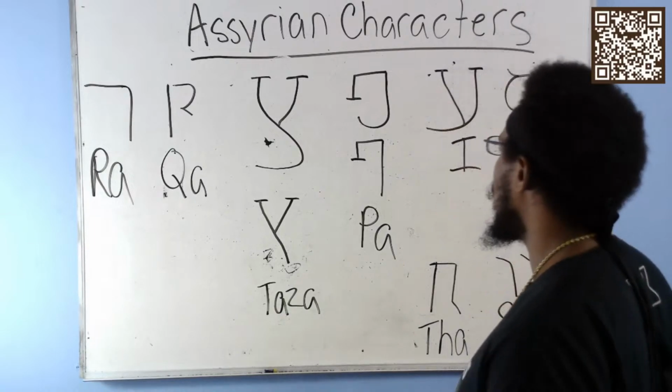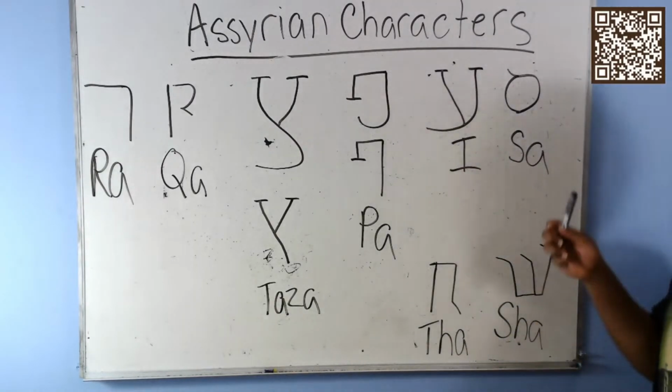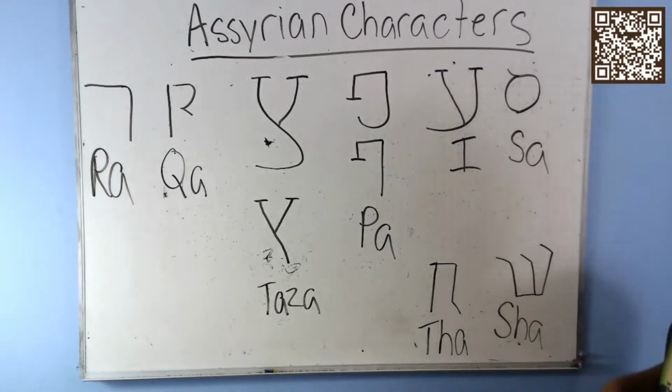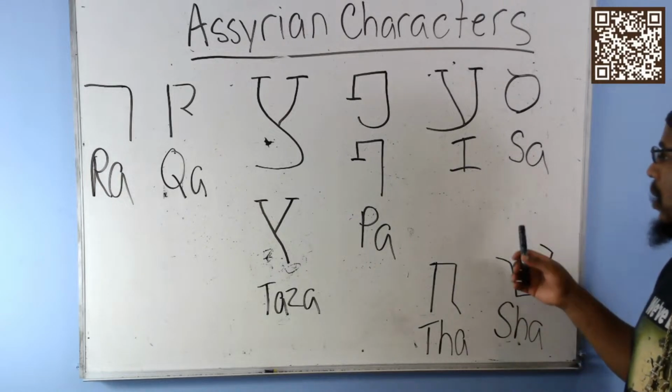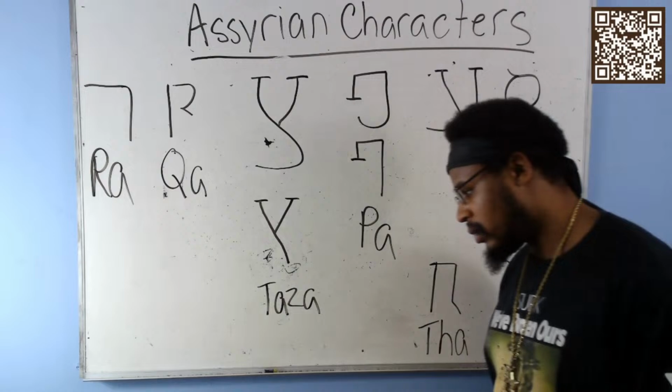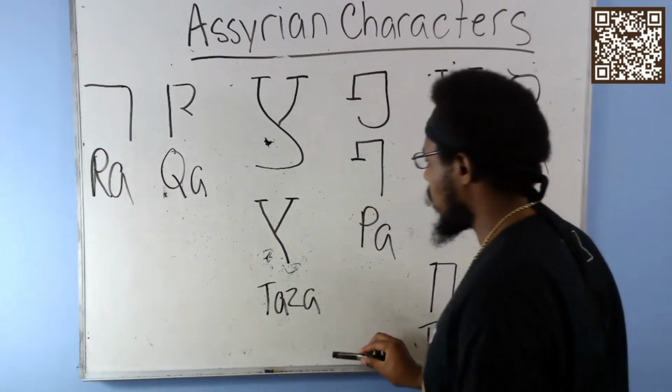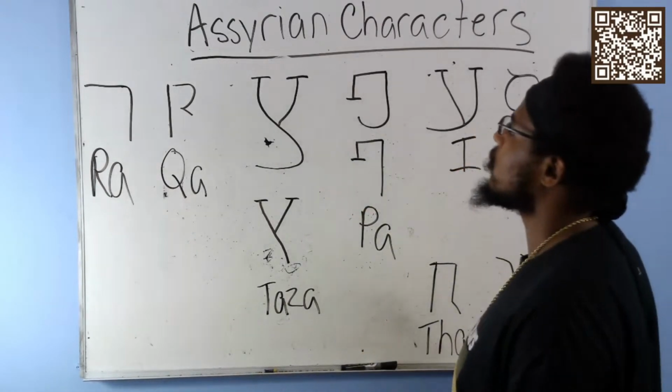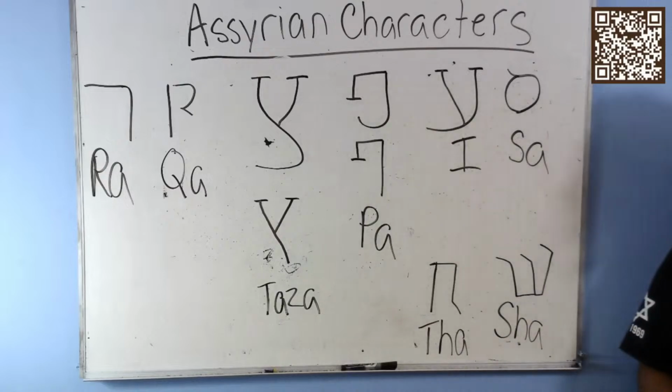These are the Syrian characters. Finish them off: Sa, I, Pa, Tiza, Qua, Ra, Sha, Ta. Okay. Give me a second to write that down.